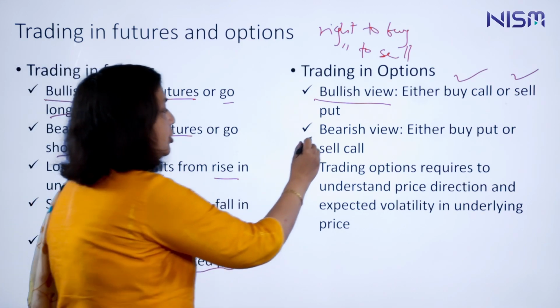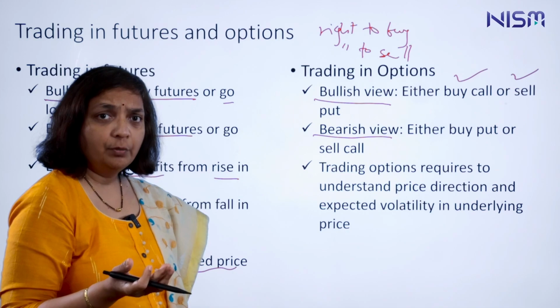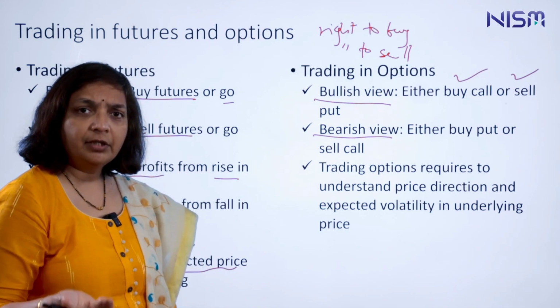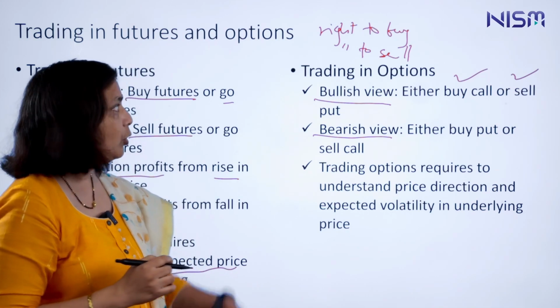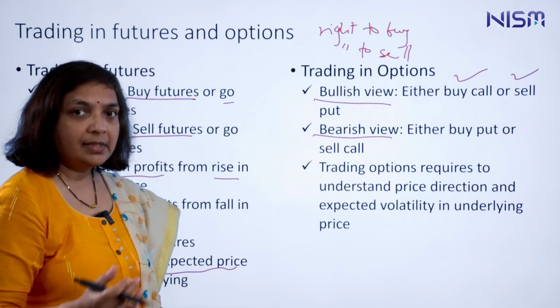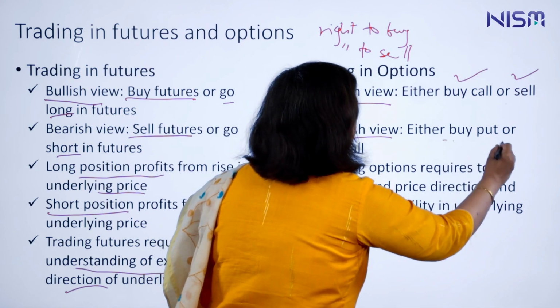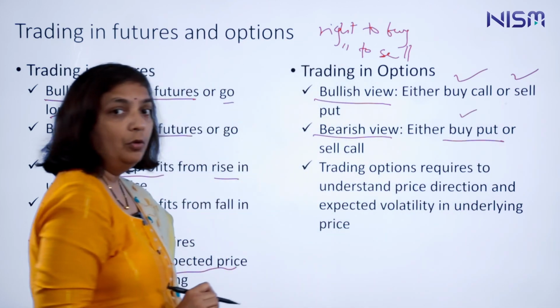Similarly, if you are bearish on the asset, the first reaction would be to straight away buy a put, because a put option gives the buyer the right to sell the underlying asset. So the first reaction would be, I am bearish, so I will buy a put.